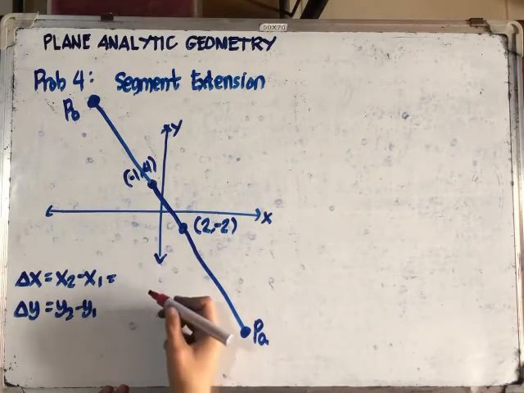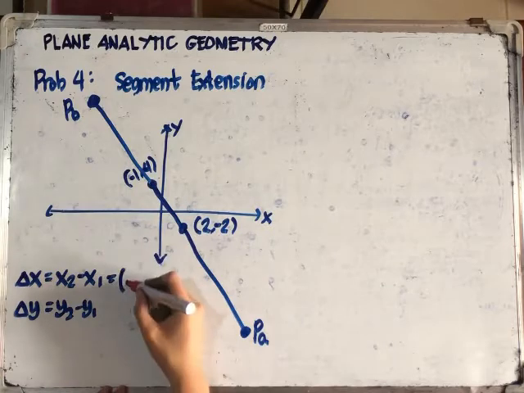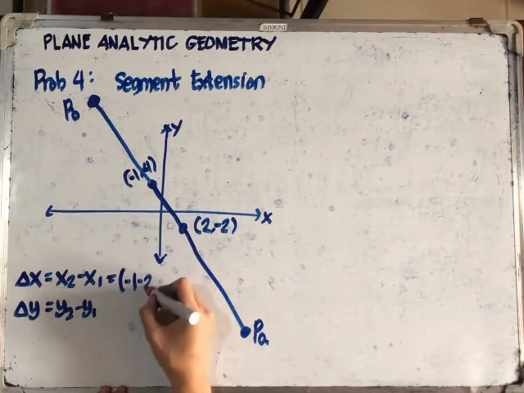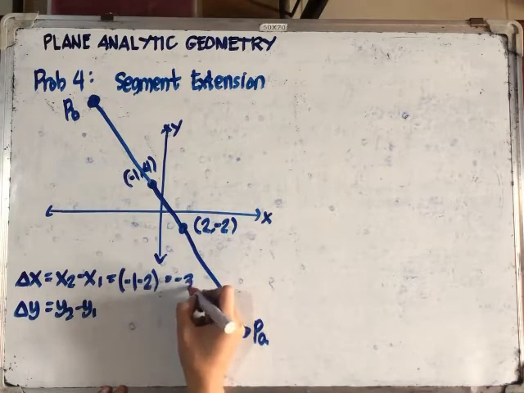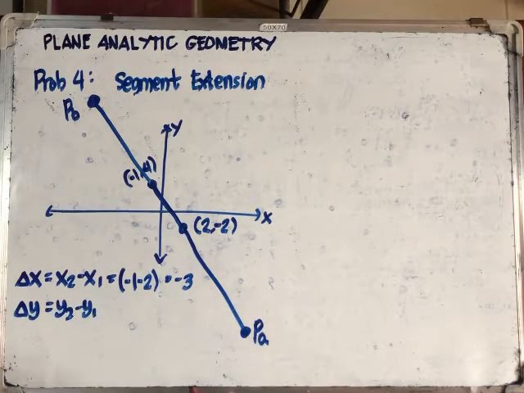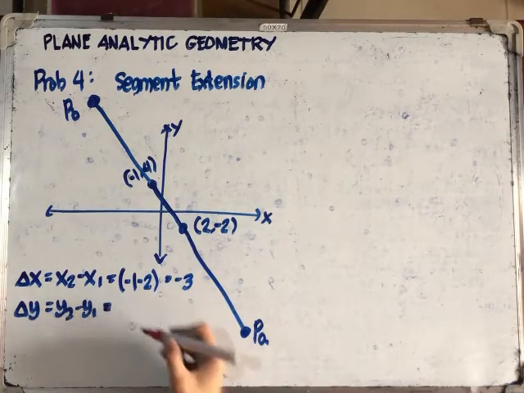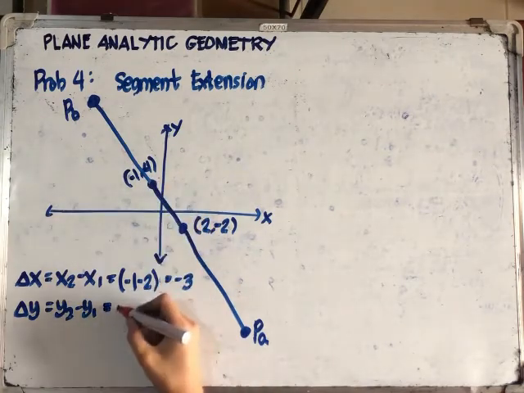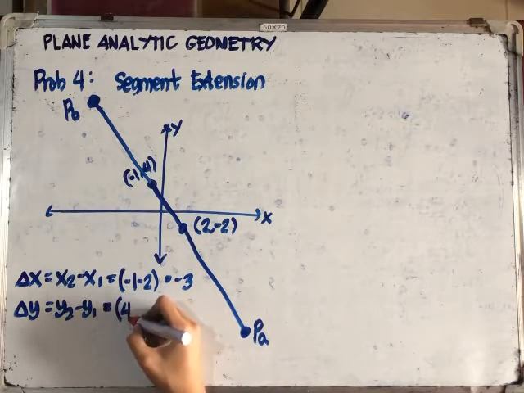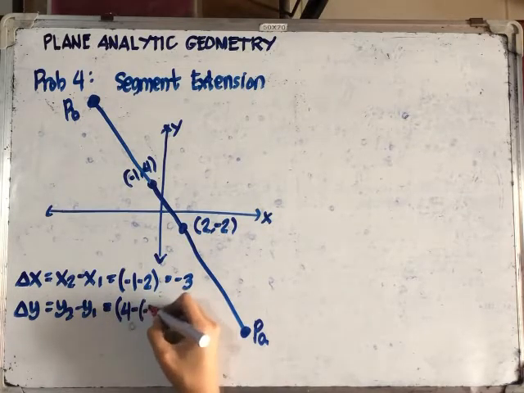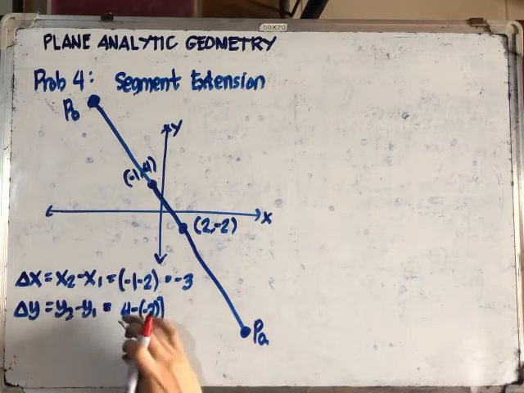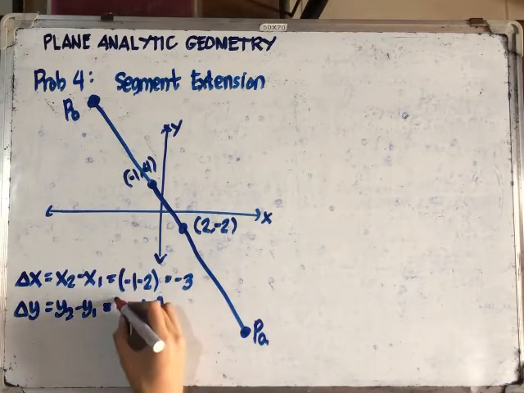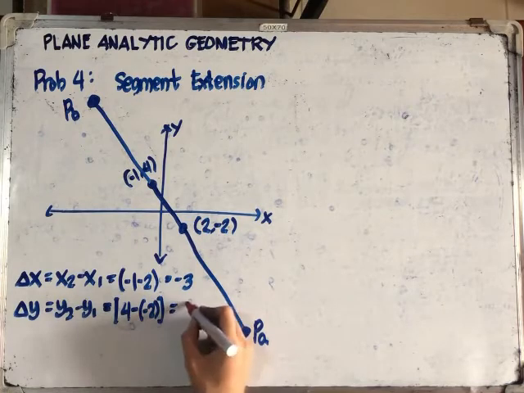Let's just say this is x2, negative 1 minus 2, and that is equal to negative 3, right? And this one is 4 minus negative 2, this would be equal to 6.